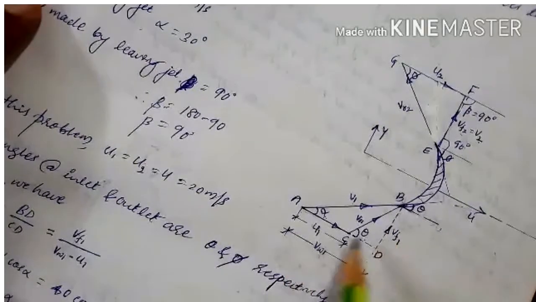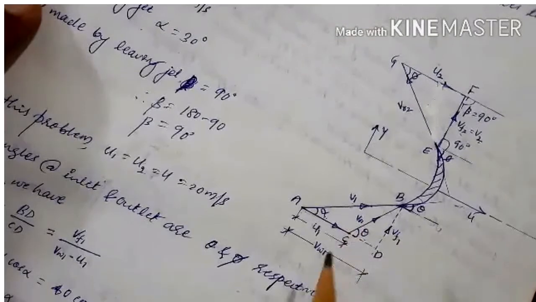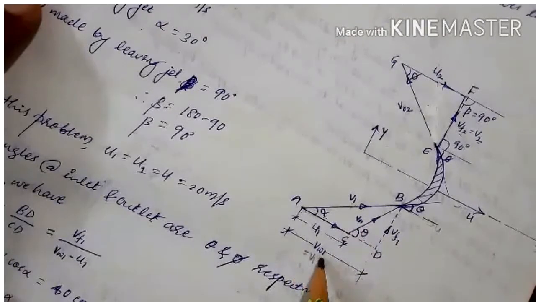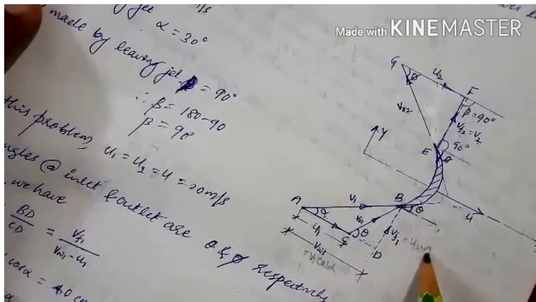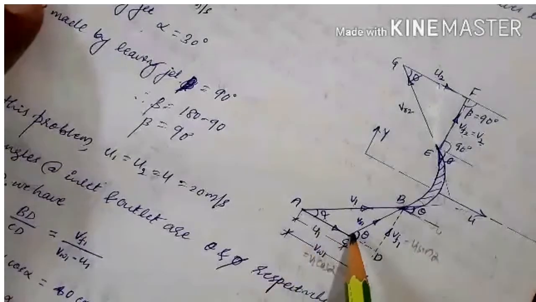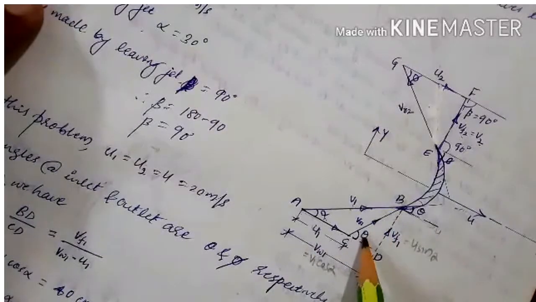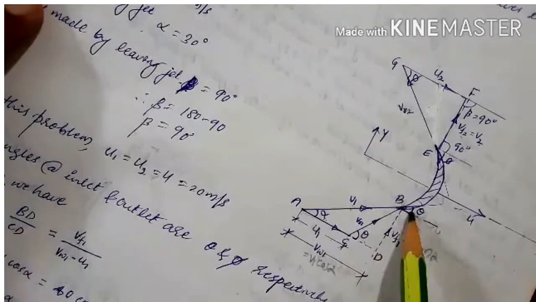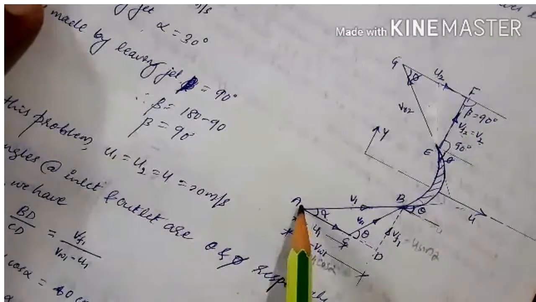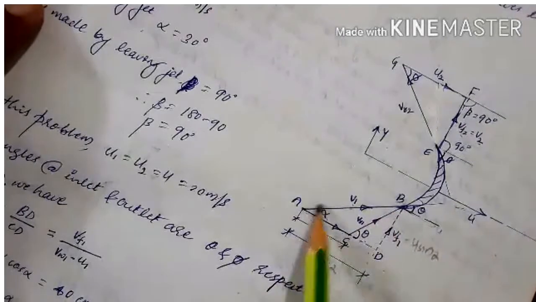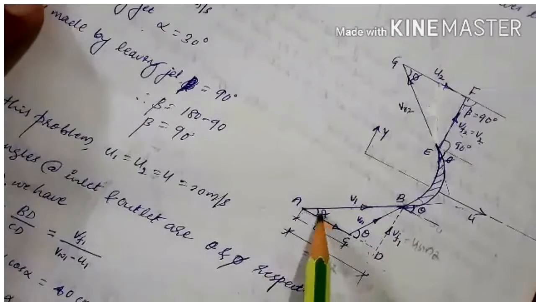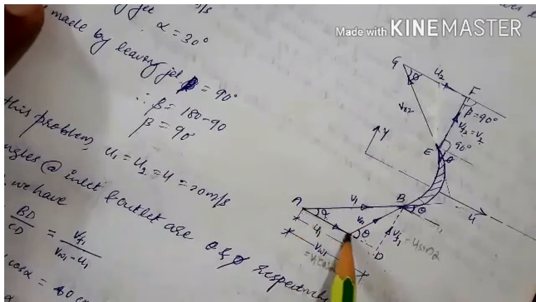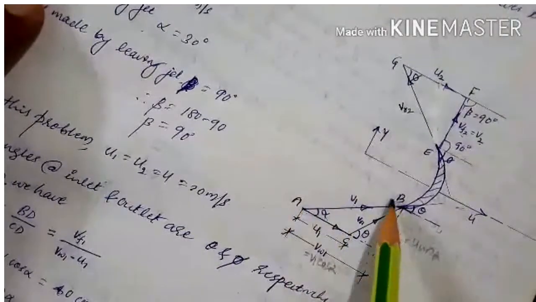So these are the two components of V1: V1 cos alpha and V1 sin alpha. Then the relative velocity makes an angle theta. This theta is nothing but the vane angle at inlet. Then triangle ABD represents the inlet velocity triangle. And this alpha is the guide blade angle, or the angle made by V1 with the direction of motion of the vane. Okay, so this is the inlet velocity triangle.